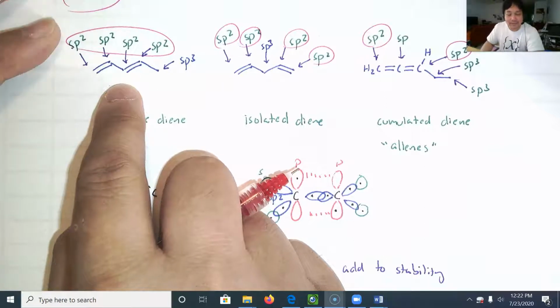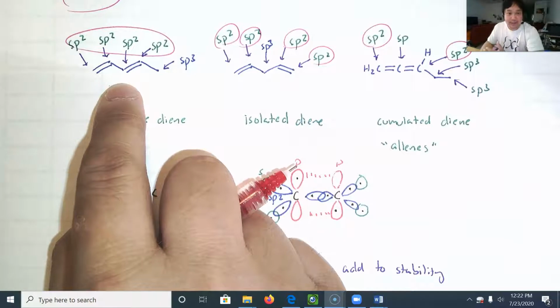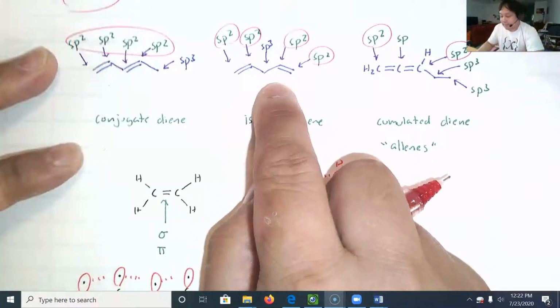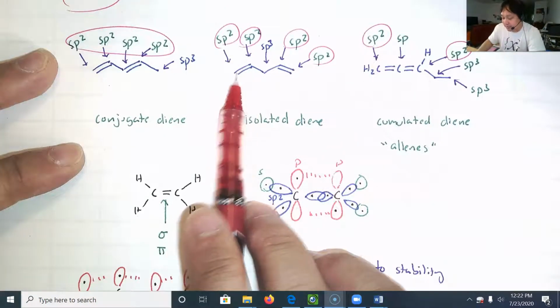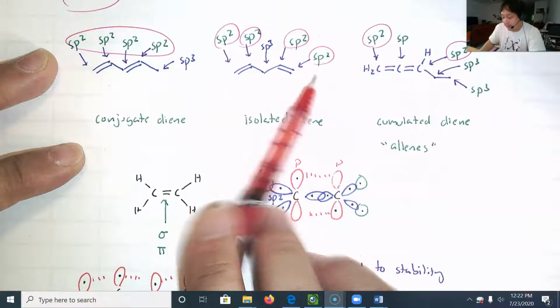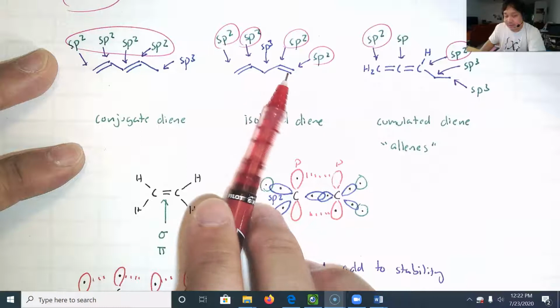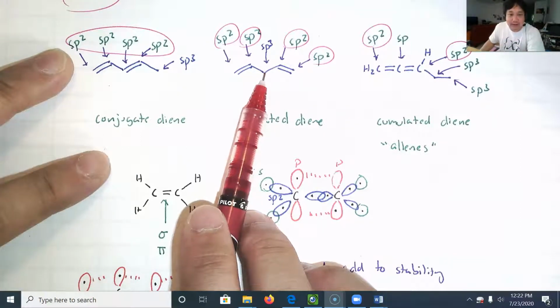Is that true? Well, we're going to see an experiment, or describe an experiment in just a bit, that shows this. But let's take a look at the isolated diene. See, for the isolated diene, you have 2 p orbitals here sharing those 2 electrons. You have 2 p orbitals here sharing those 2 pi electrons. We have an interruption in the chain.